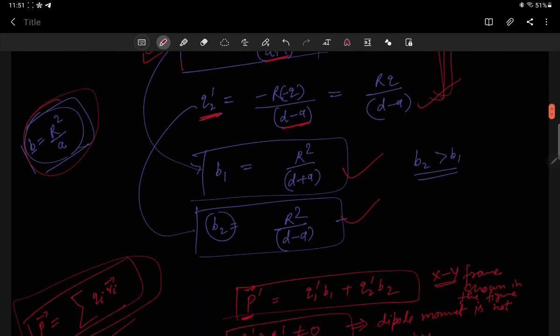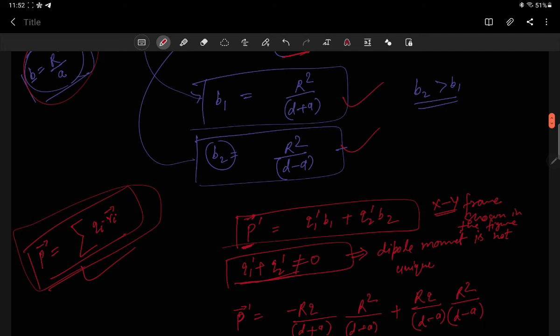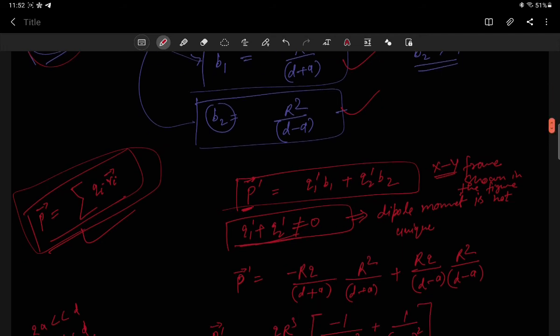If they were, the dipole moment would be unique, meaning you could choose any coordinate system. But here since the total charge is not 0, we have to fix a coordinate system in which we calculate the dipole moment. If you choose your origin at another location, your dipole moment will be a different quantity.